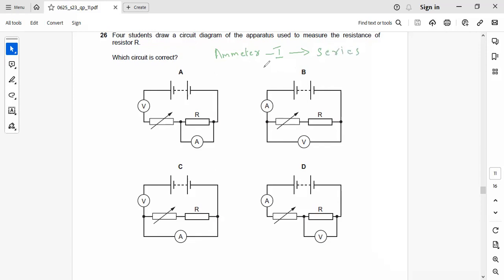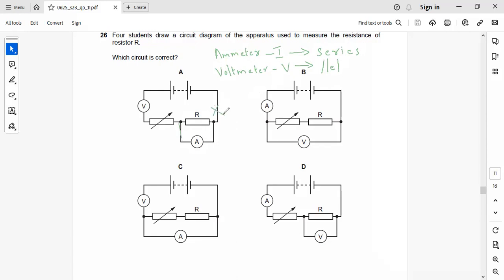A voltmeter is used for measuring voltage. It needs to be connected in parallel. So we can see here the ammeter is connected in parallel.